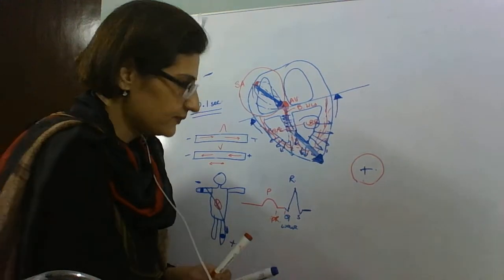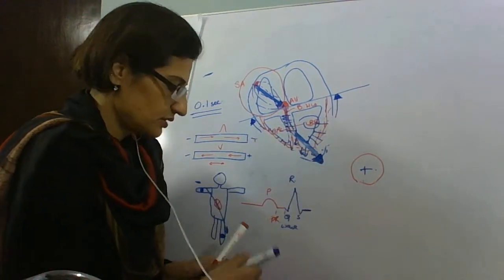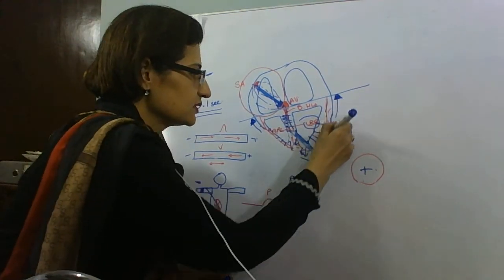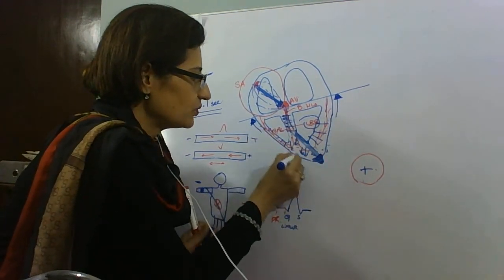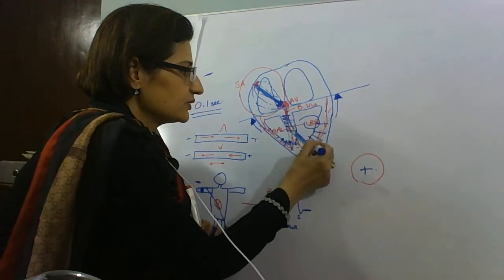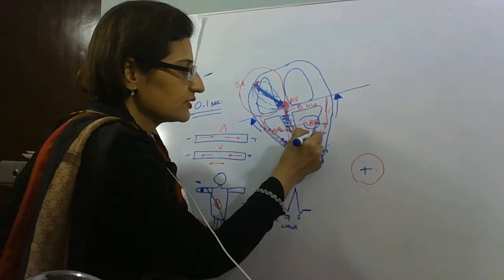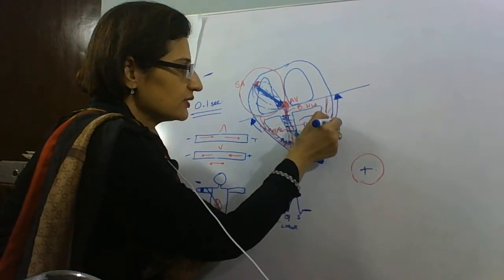So if we change the direction of the current, it would be somewhat like this. So negative moving away from the positive, it would be somewhere.